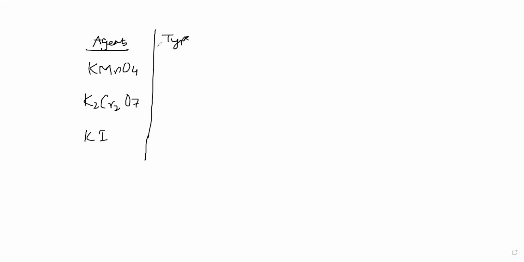What type of agents are they? KMnO4 is an oxidizing agent. K2Cr2O7 is also an oxidizing agent. KI is a reducing agent.